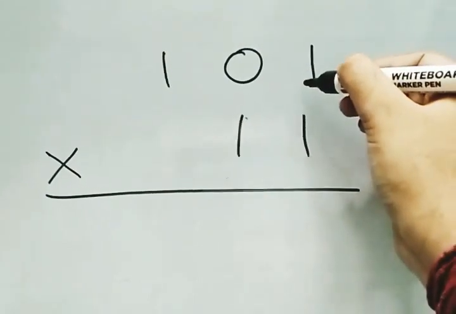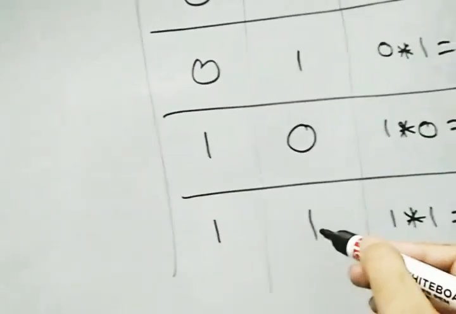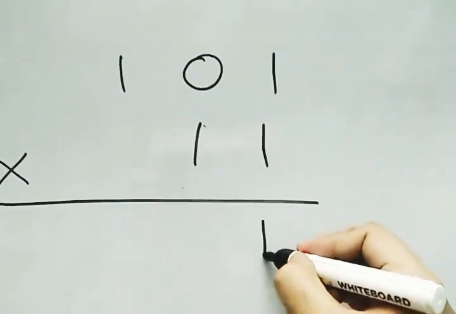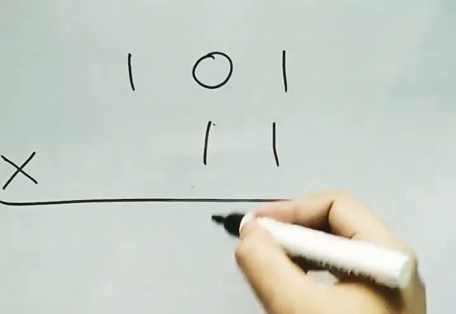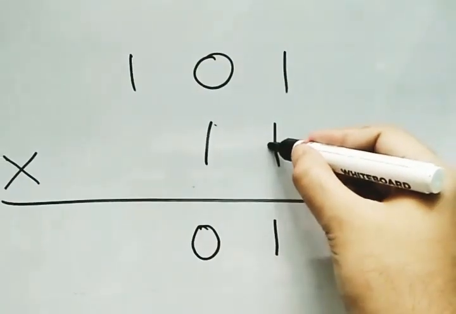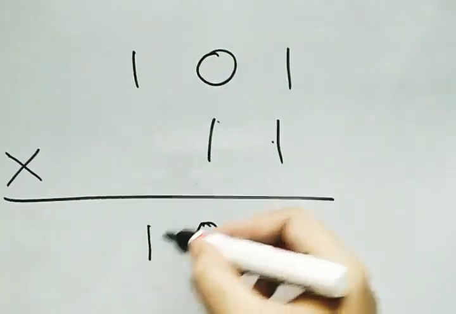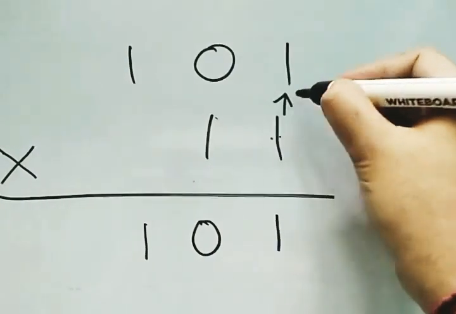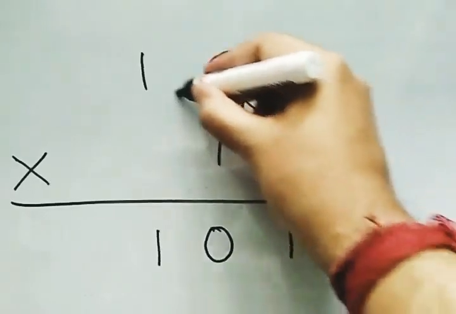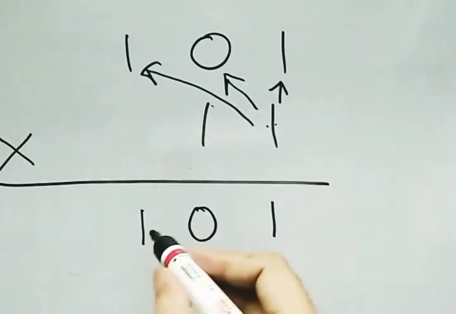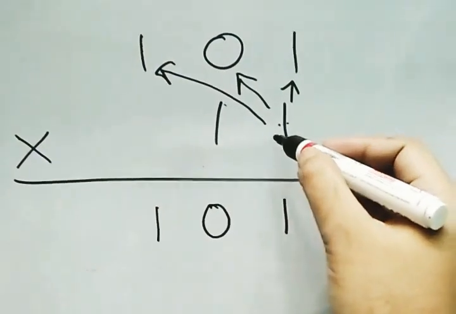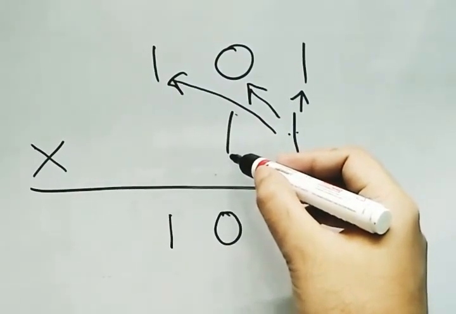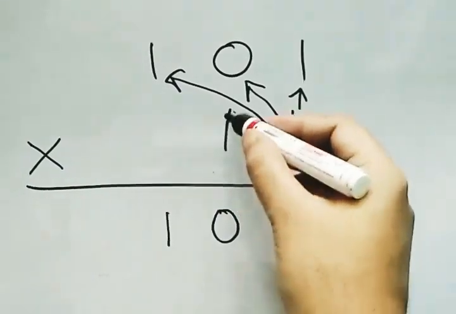1 into 1 is 1, 1 into 0 is 0, 1 into 1 again 1. That means first 1 is multiplied with this, then this, then this, and put the result like this. Then the next digit is 1 now.